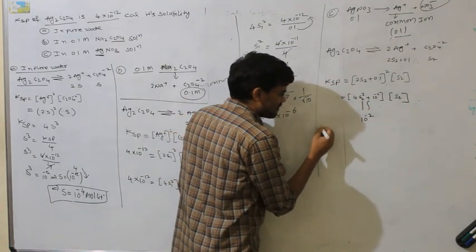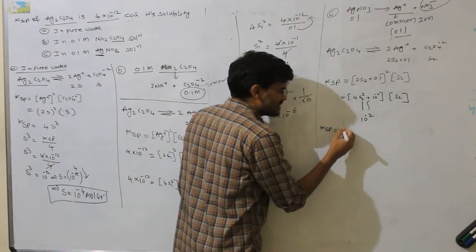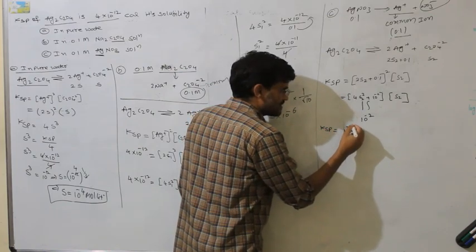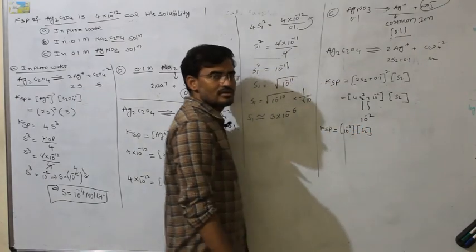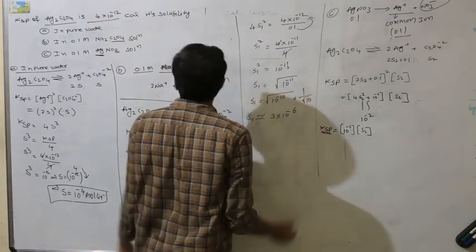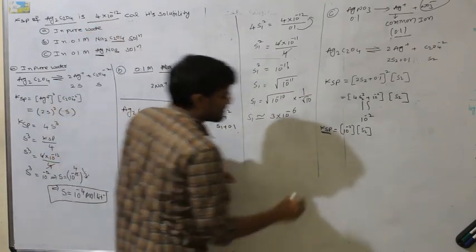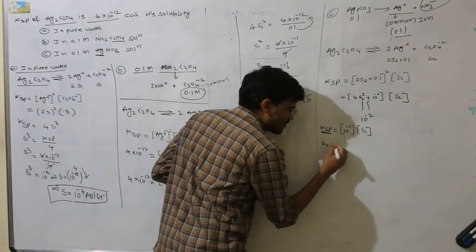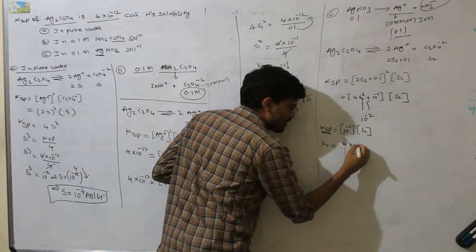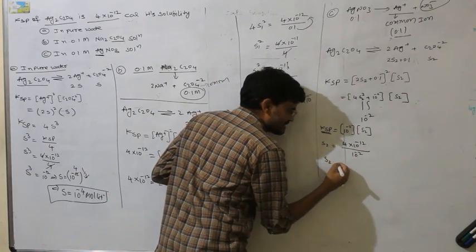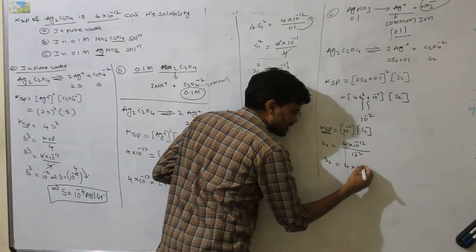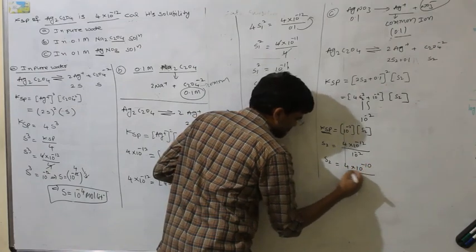So what will come if you approximate: Ksp is equal to 10 power minus 2 into S2. Ksp value, how much do we have in the question? 4 into 10 power minus 12. So S2 is equal to 4 into 10 power minus 12 by 10 power minus 2. That is S2 is equal to 4 into 10 power minus 10.